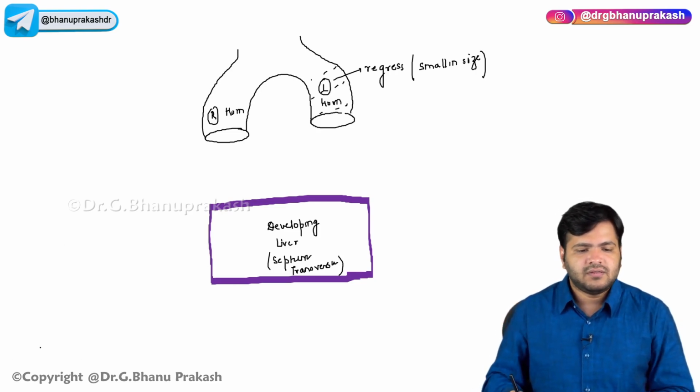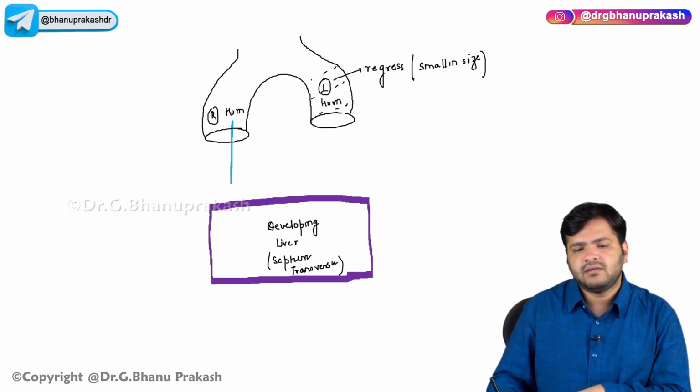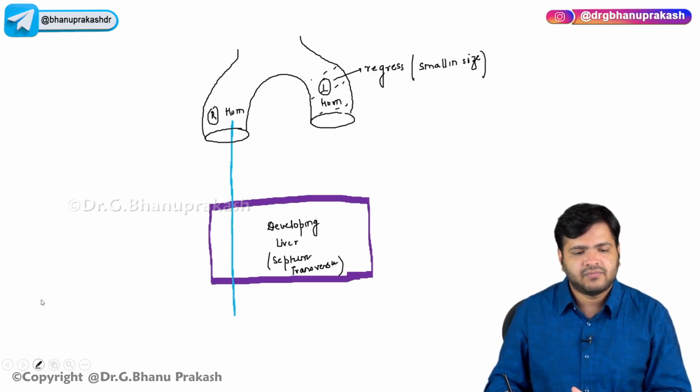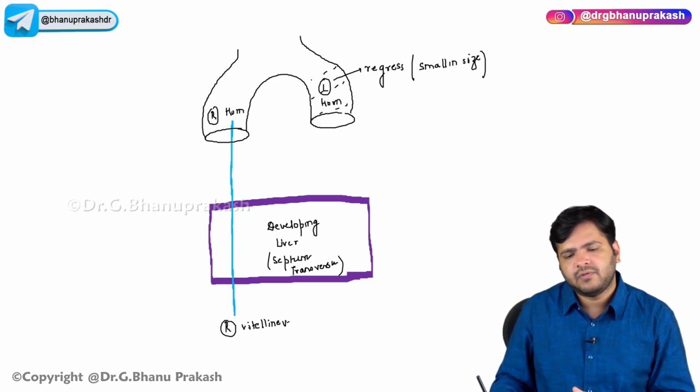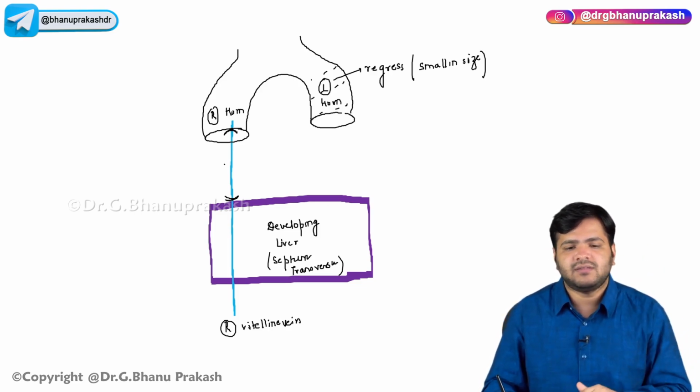Now, there is one connection which is left over here, right? And this is which vein? It is the right vitelline vein. This part is given a special name. It is the only connection left after all the veins, as the right umbilical vein will disappear.